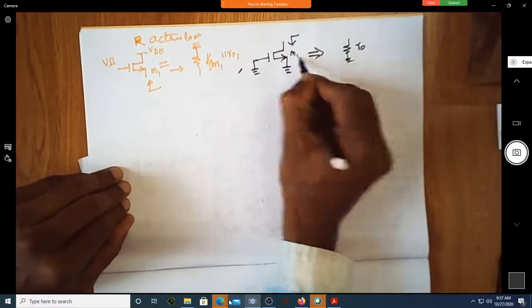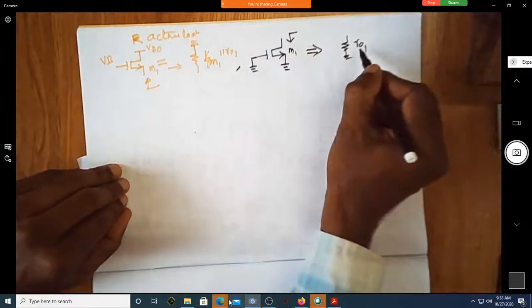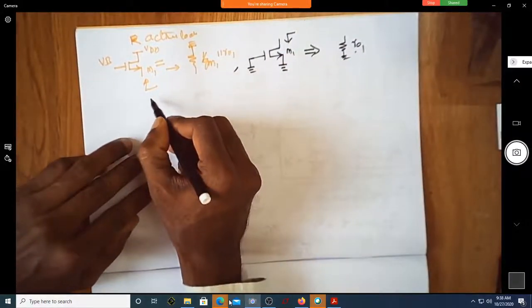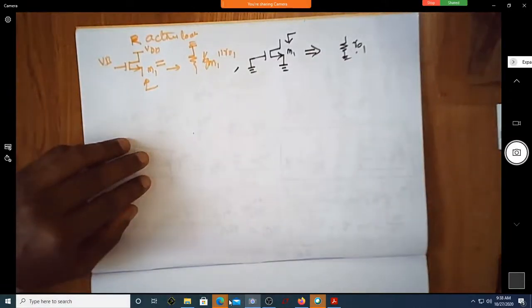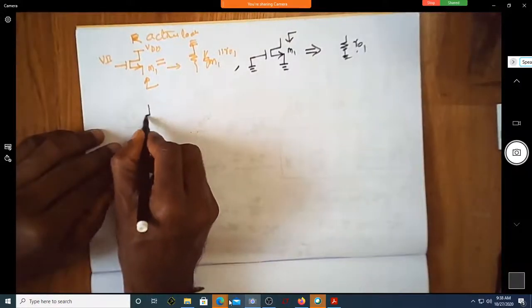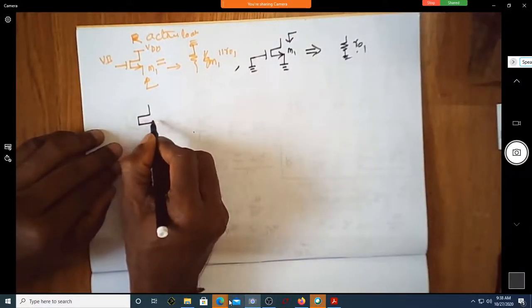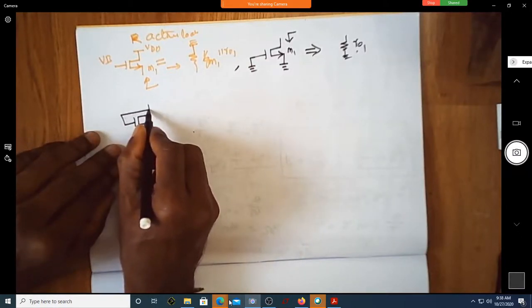If it is M1, I will write it as R01. If you are looking from the drain side, it is R0. If you are looking from the source side, it is 1 over Gm1 in parallel with R0. Correct?